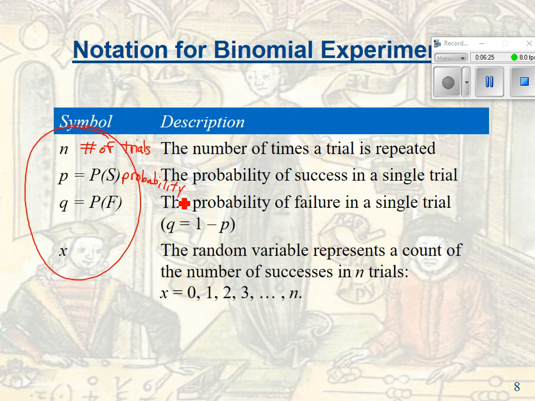Q is probability of a failure. How do you find Q if you know the probability of a success? So 1 minus P, you might write that down for Q right there. And then X is just the number of successes that we're looking for.